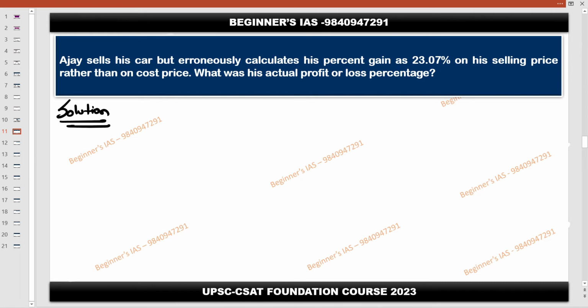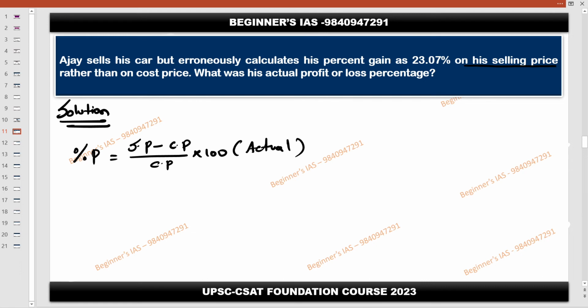So here Ajay sells his car but erroneously calculates his percentage gain. So what is the percentage profit? Gain is nothing but SP minus CP by CP into 100. So actually this is the actual one, but what Ajay has done is he has calculated on his selling price.